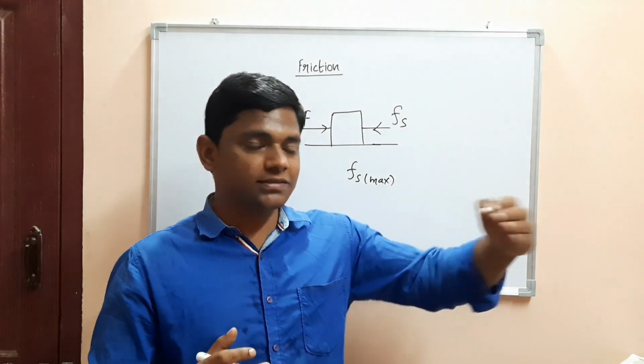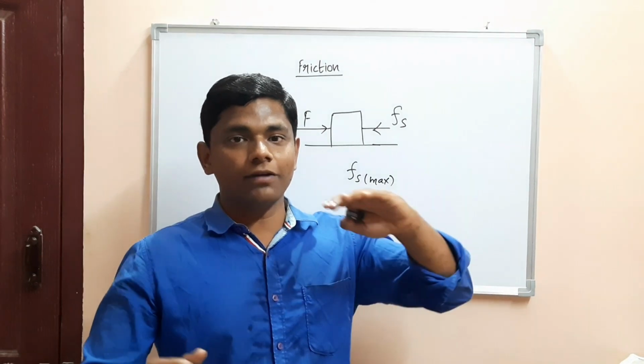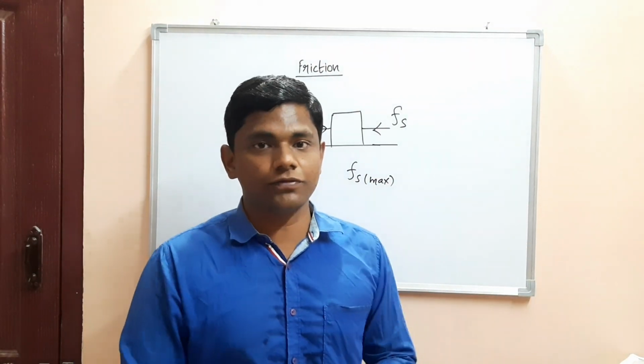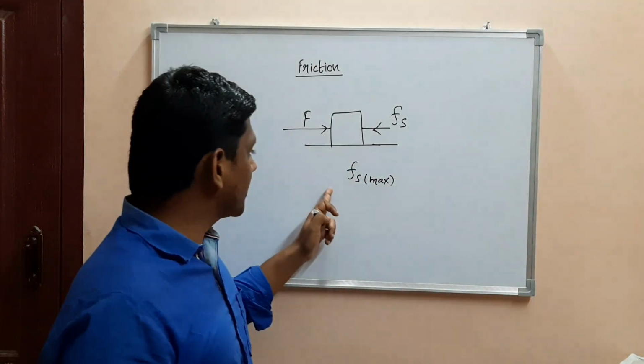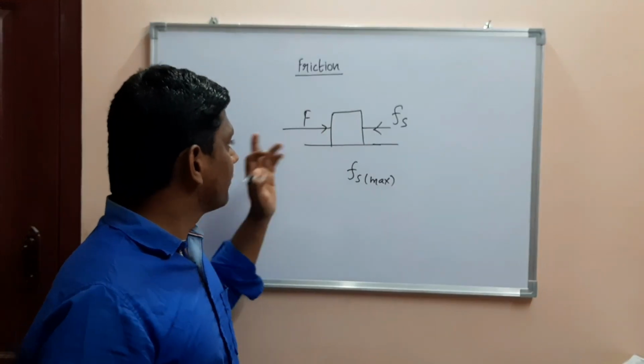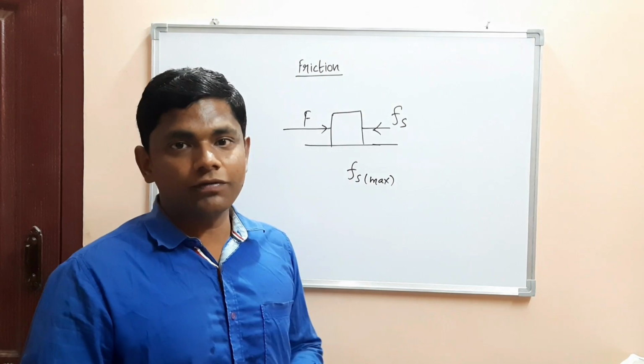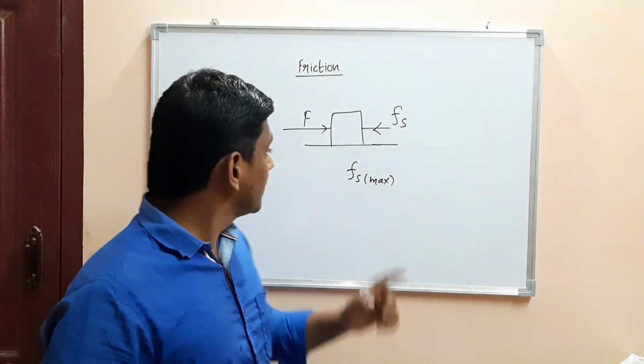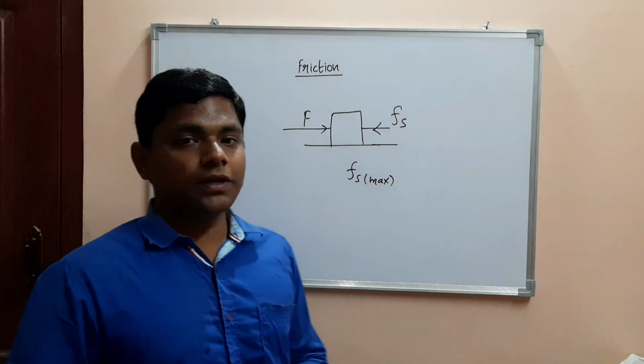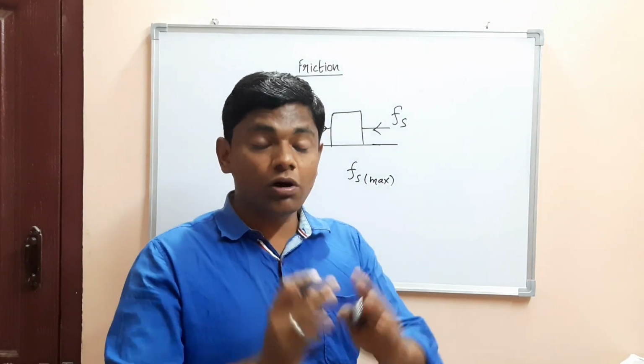So the static friction becomes maximum when you increase the applied force, and at that particular point of time when the bus starts moving, the applied force is more than the limiting value of static friction.